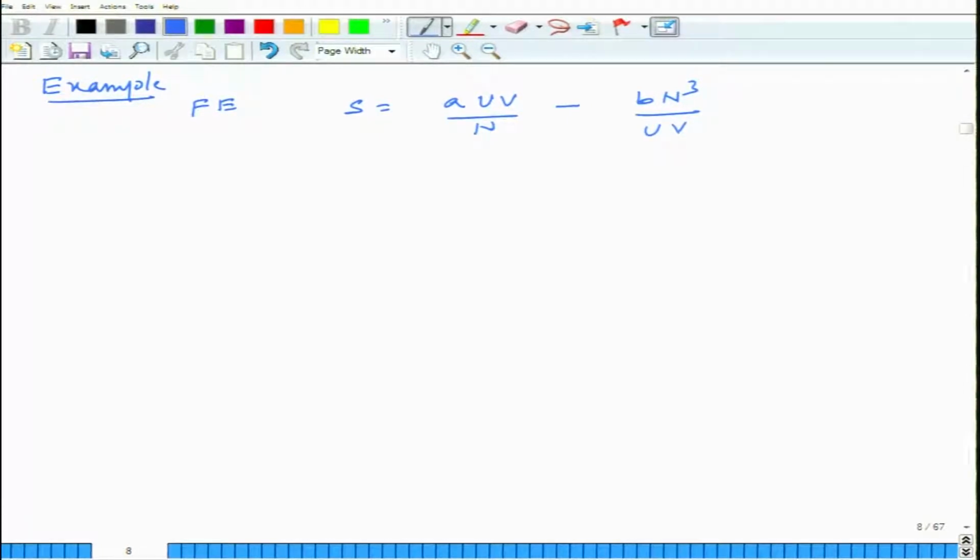So, this is something which is given, and what is being asked is to obtain the equation of state, P as a function of V and T, for this material, where A and B are positive quantities, greater than 0. So, what we are going to do is make use of the fundamental equation, the equation which we have derived here.